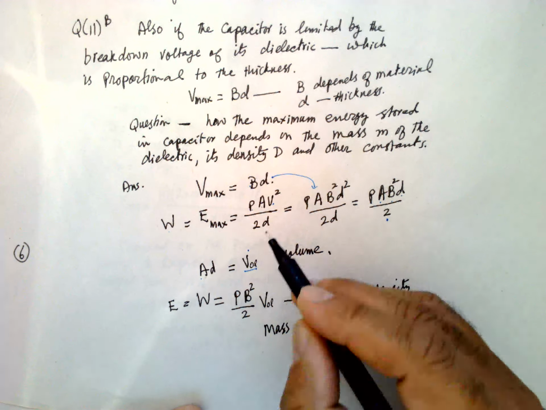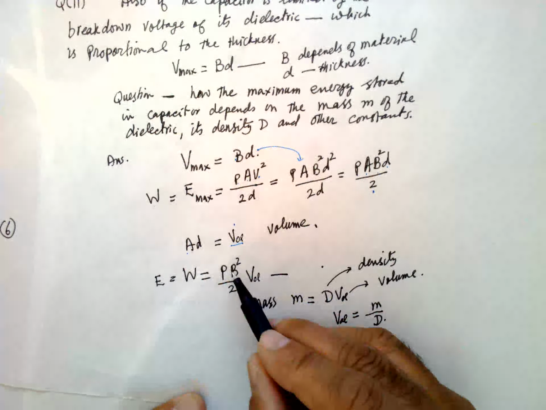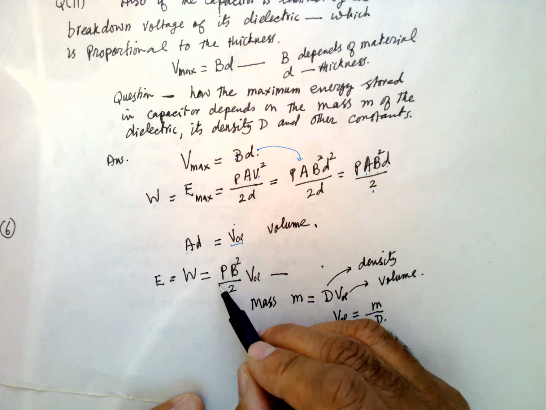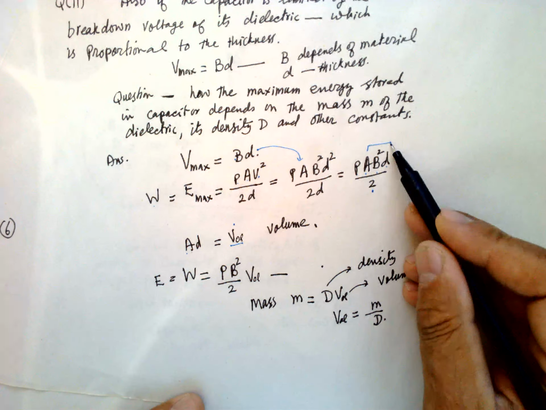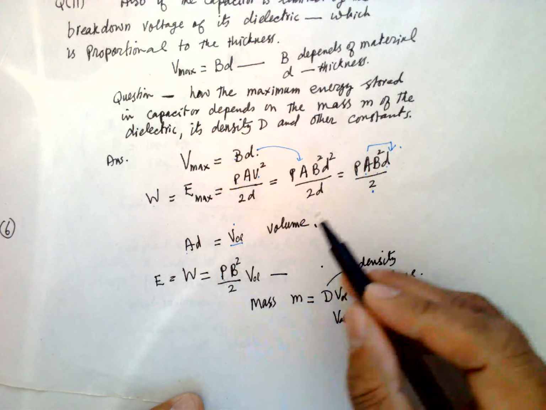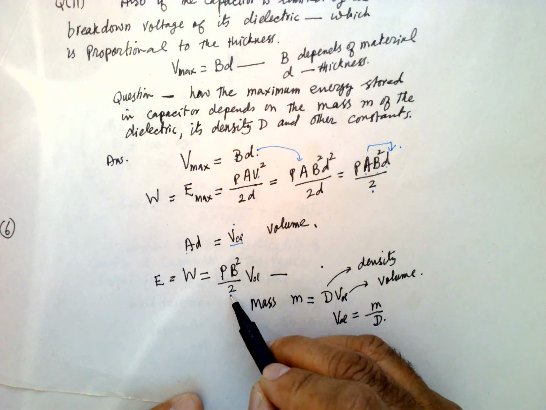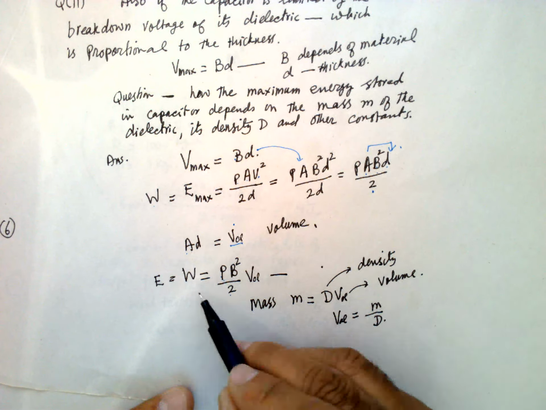Remember, this is V volume and this is voltage. So if you substitute this, it is equal to volume. So P B square into volume divided by 2. This is the work done.